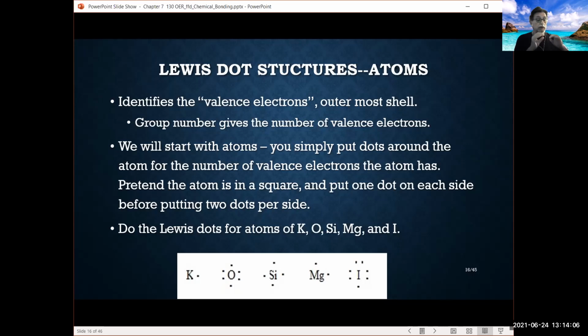If it's a metal, automatically they lose electrons. And if they're non-metals, automatically they will gain electrons, okay? All right, so let's continue. Those are some examples of the atoms and the valence electrons that they have.